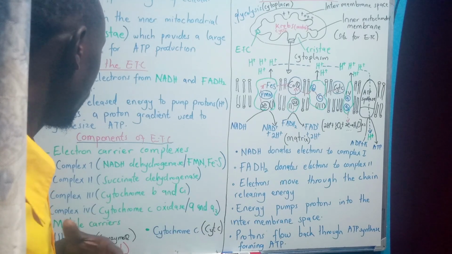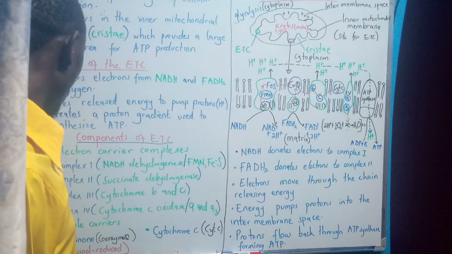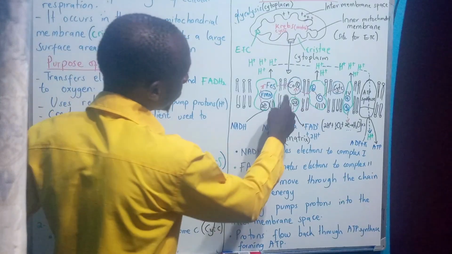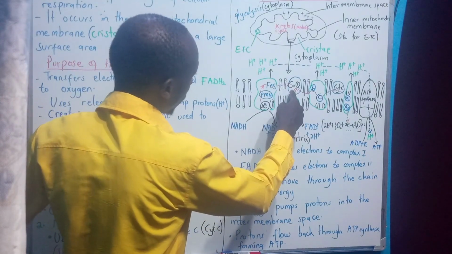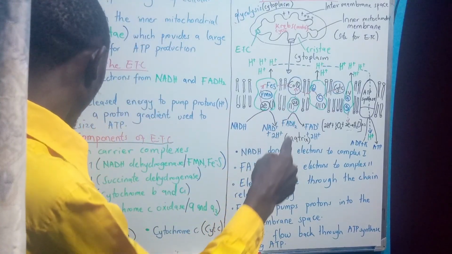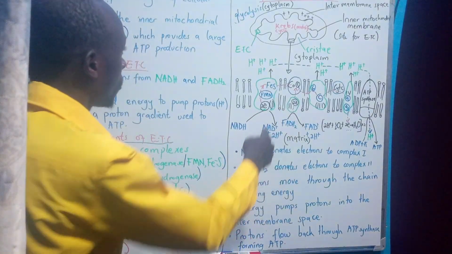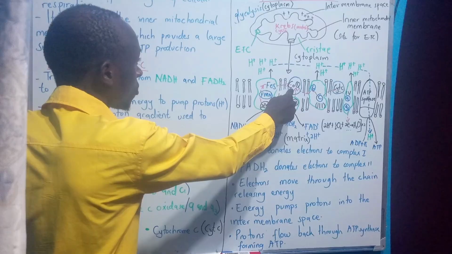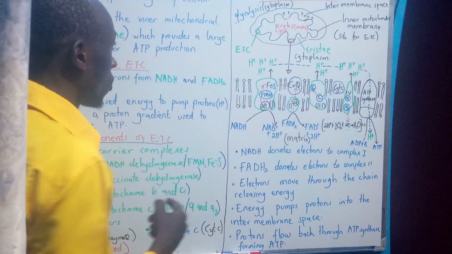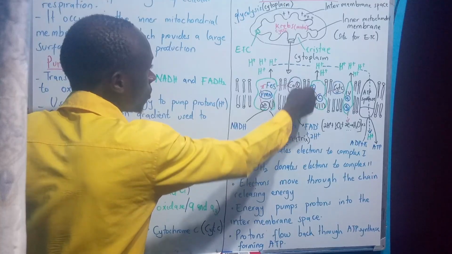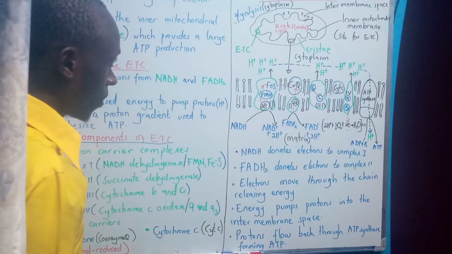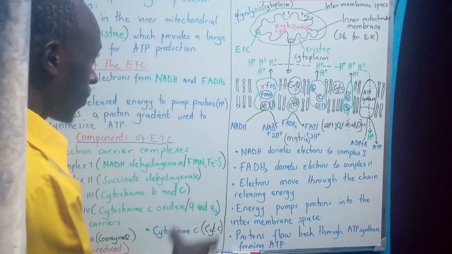After finishing the complexes, we can look at the mobile carriers. The first mobile carrier is ubiquinone, that is coenzyme Q. When you see CoQ, this is ubiquinone. Ubiquinone is not part of the complexes.